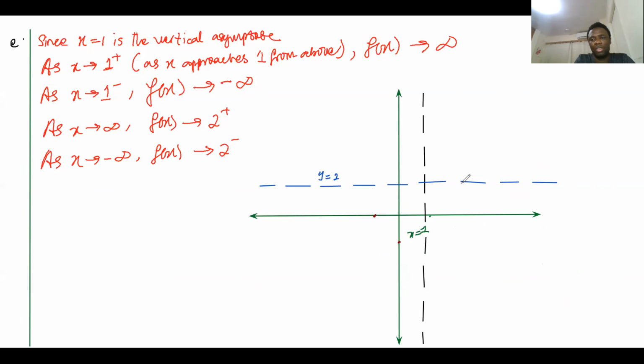Now remember, this curve does not touch this. So as x approaches 1 from above, the curve tends towards positive infinity.